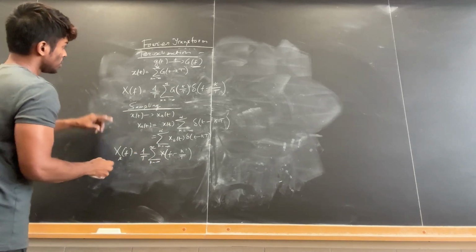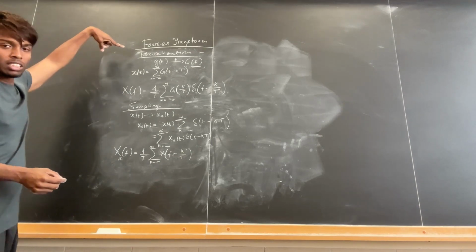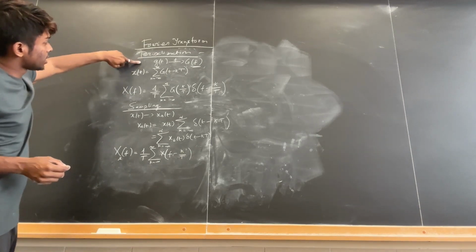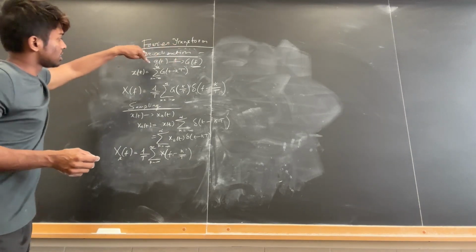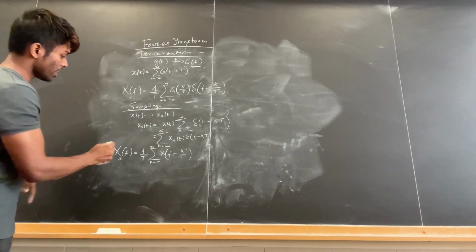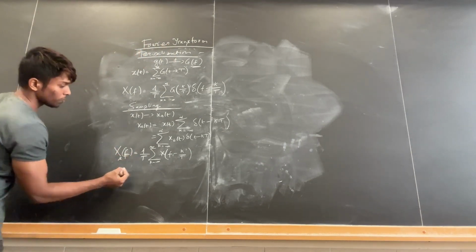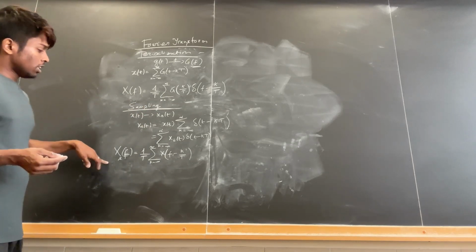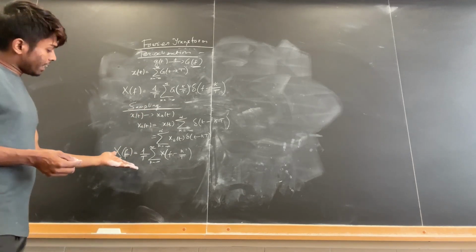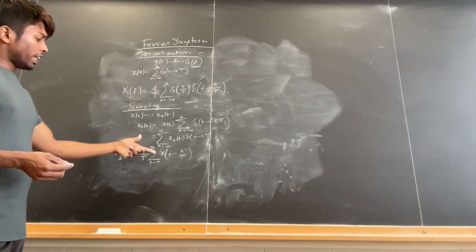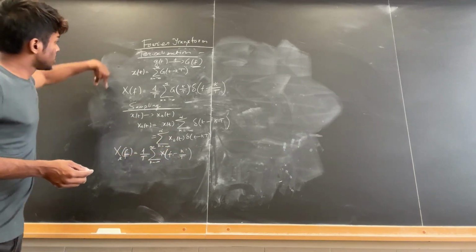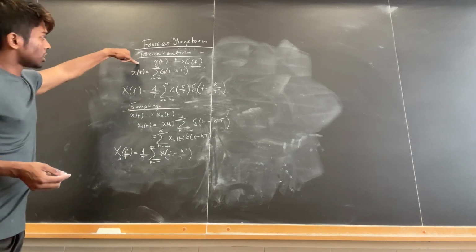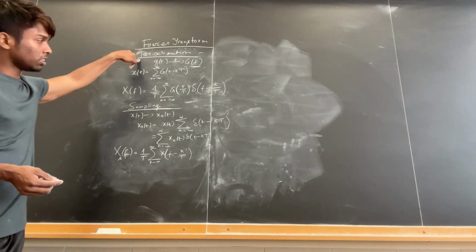If we look at it clearly, when we defined periodization, we said x(t) is equal to the summation of g(t minus kT). And now X(f) was the Fourier transform for x(t). For x_s(t), the Fourier transform looks like 1 by T times the summation of X(f minus k by T), which very much looks like the periodization definition, but that was a definition in the time domain.